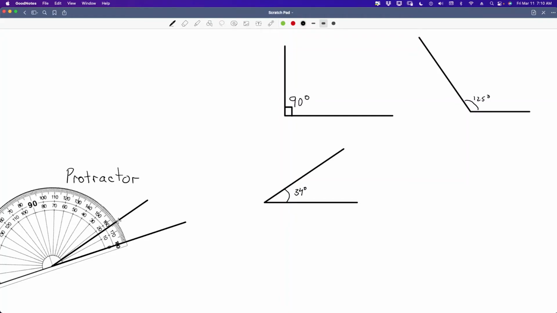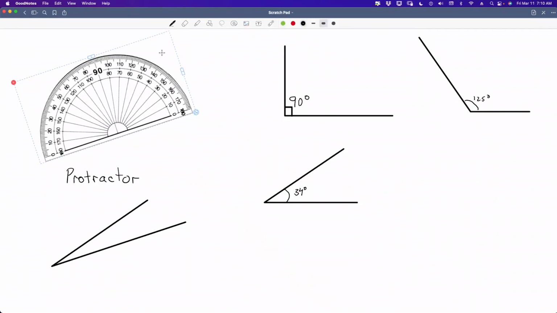So we could estimate this degree of measure to be at, I would say, oh, that's a 6 or a 7. I would actually say 16.5, because that looks like it's right in between those two. So we'll measure this one at 16.5 degrees.